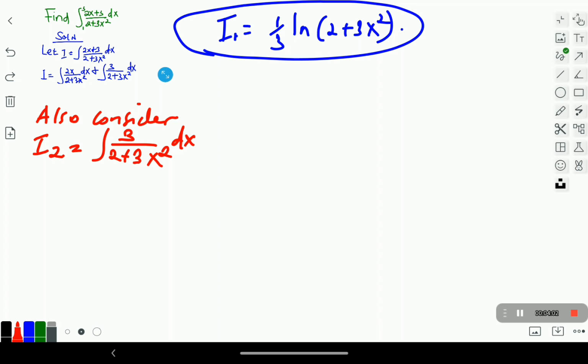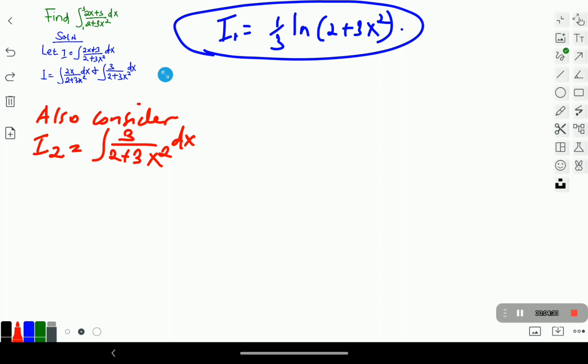Now by considering I2, which is equivalent to the integral of 3 over (2 plus 3x squared) dx, this one is observed to need a tan substitution, meaning we work so that we can bring in tan in terms of 1 plus anything squared, where that anything is tan theta squared.